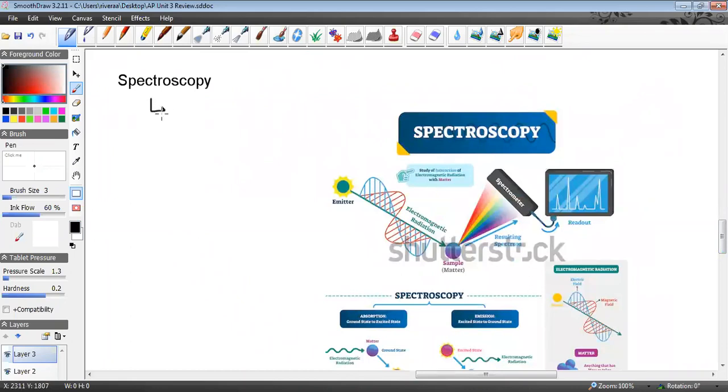So this is a general term that we use. Spectroscopy is looking at how matter and light interact with one another.